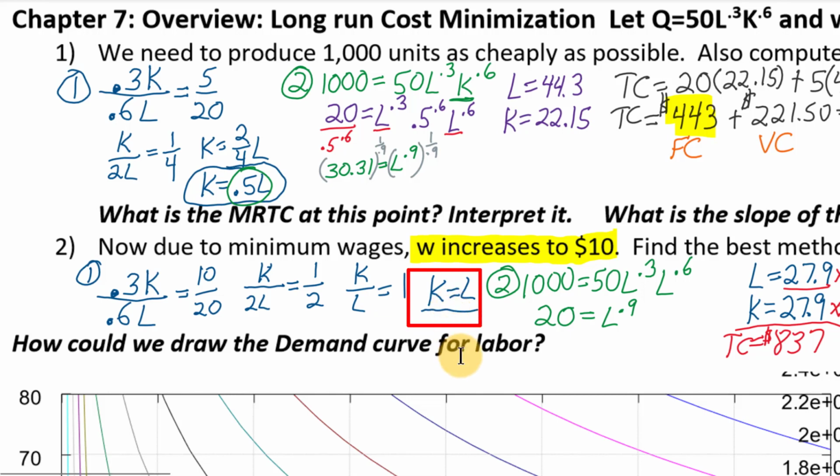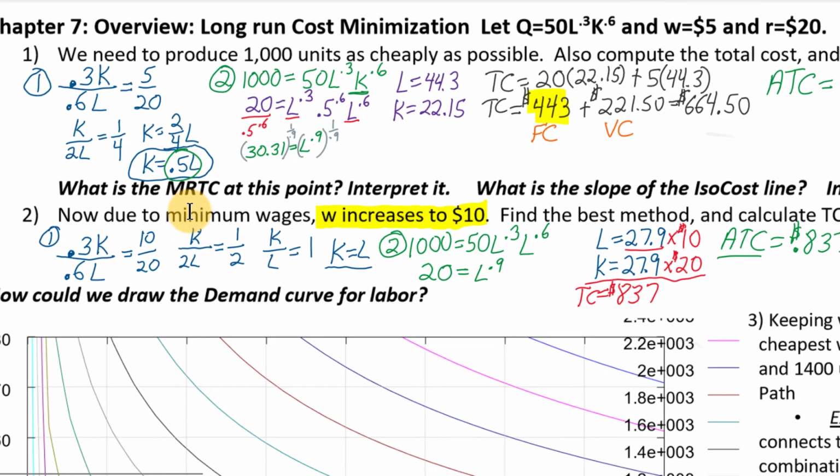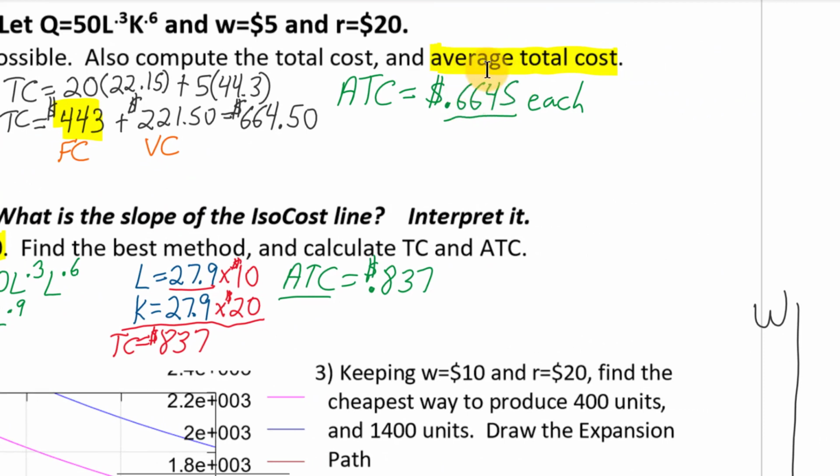Use the same amount in this case, instead of half as much as in the first problem we did. Even though we're switching away from using labor, our average total cost went up from about 66 or 67 cents per unit to almost 84 cents per unit here.